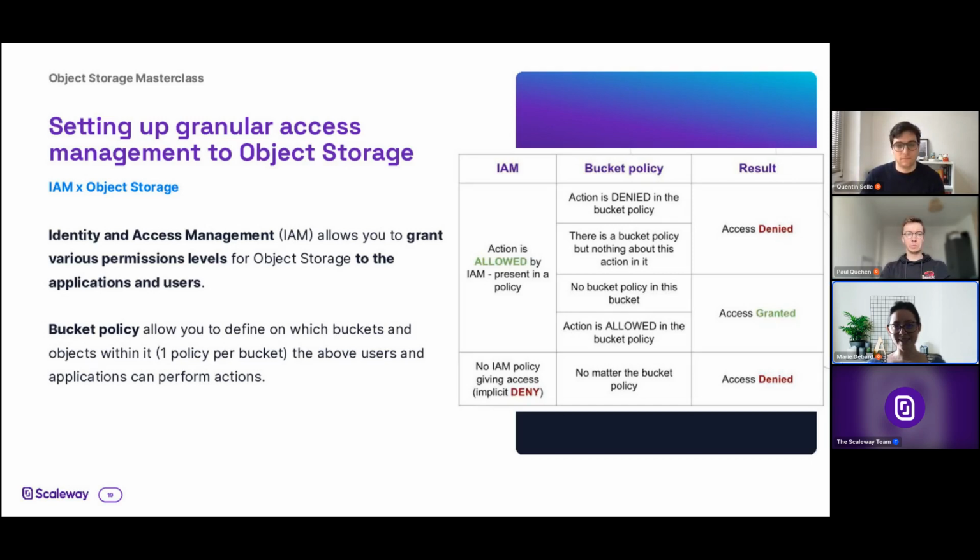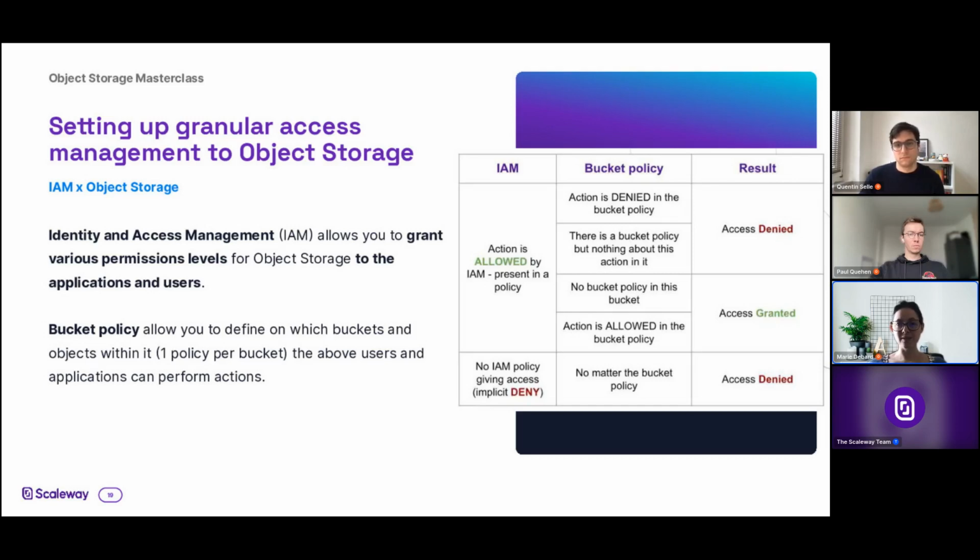So now let's dig a bit deeper into bucket policy. IAM allows you, as you may know, to grant various permission levels to users and applications defined in IAM. When you grant policies through IAM, you give permission levels at the product level that allow, for example, certain users and applications to do a set of actions on all buckets or all objects within object storage.